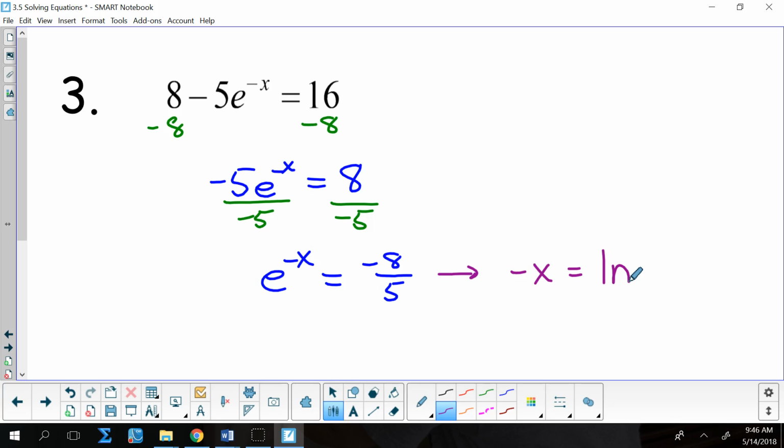Natural log is log base e of negative 8/5.